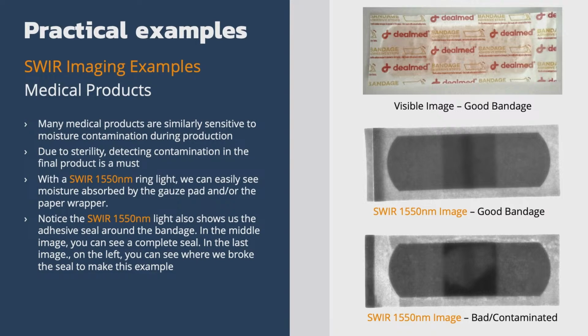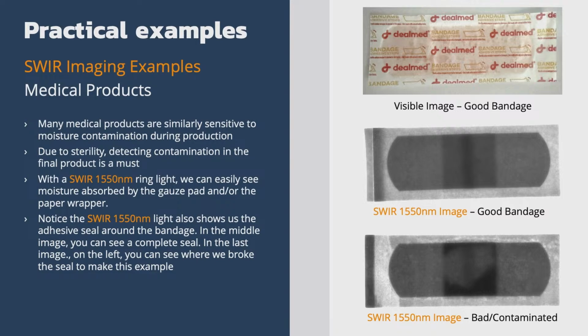In fact, I want to point out something to you here. If you look at the bad or contaminated image, we obviously had to make these examples for our own webinar here, and we did so very manually. And if you'll notice, the other thing that the SWIR can help you see here is on the left-hand side of the bandage, you can see it's brighter between the edge of the paper packaging and the top of the Band-Aid.